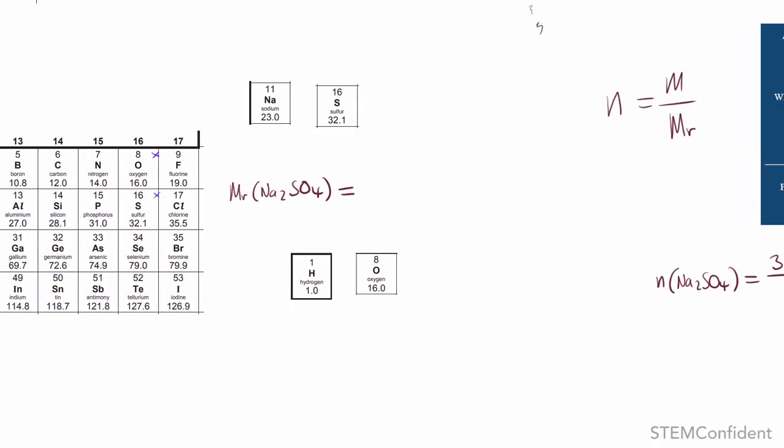So Na₂, that's sodium, relative atomic mass 23, so 23 times 2, plus sulfur, which is 32.1, plus oxygen times 4, which is 16 times 4.